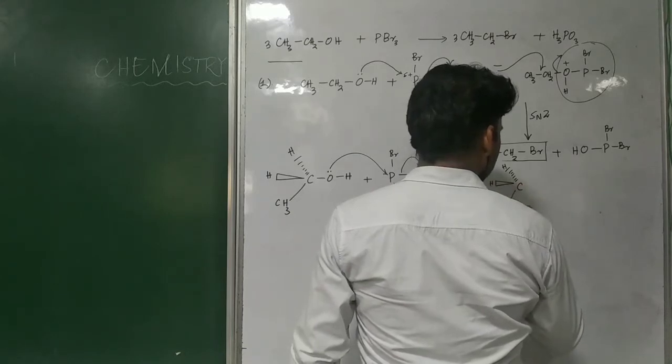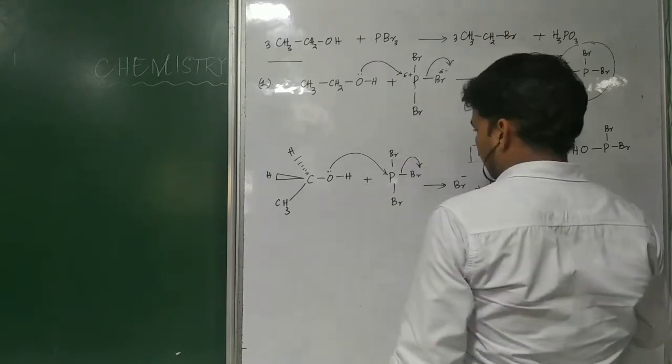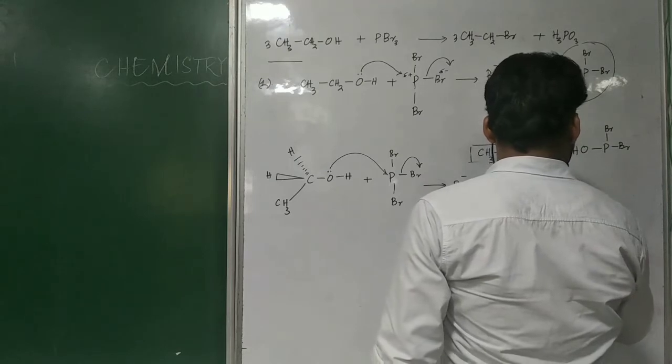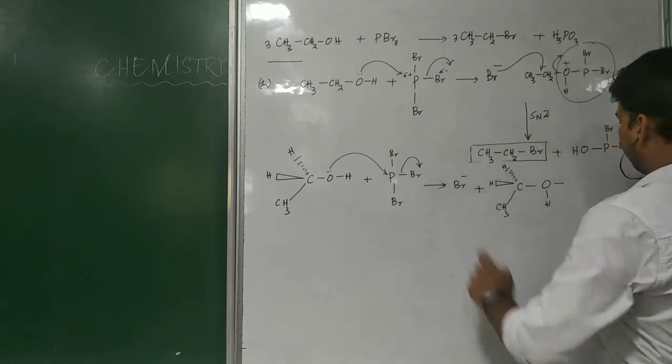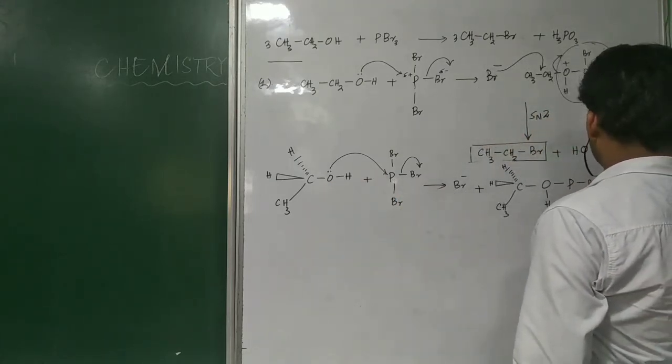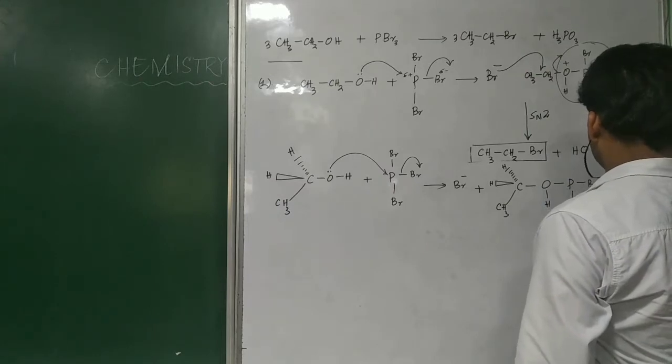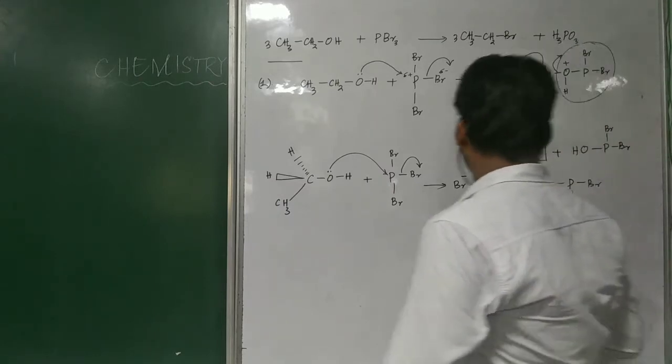This is the substrate molecule left. This oxygen is now coordinated to phosphorus, which contains 2 bromides. This oxygen will have a positive charge.